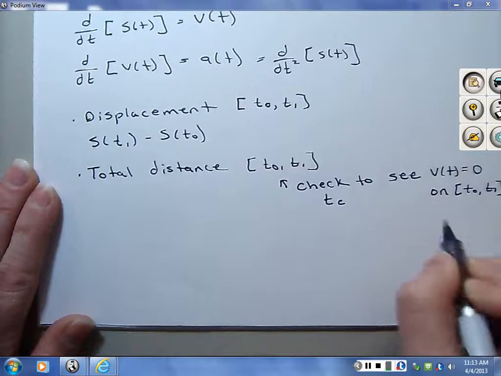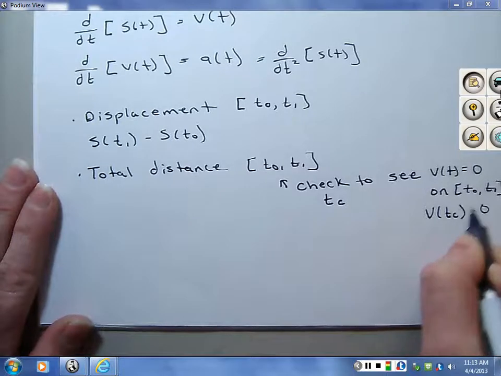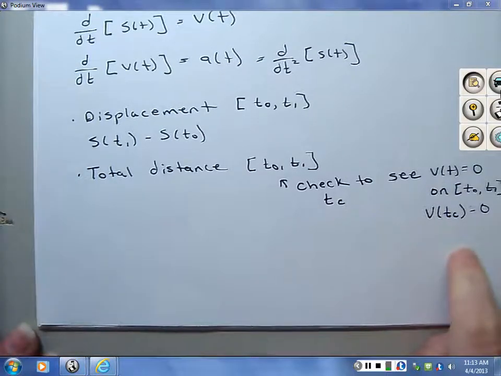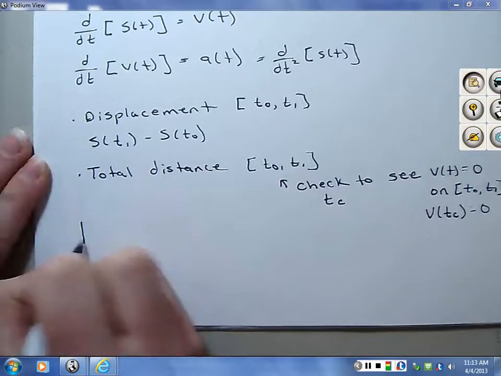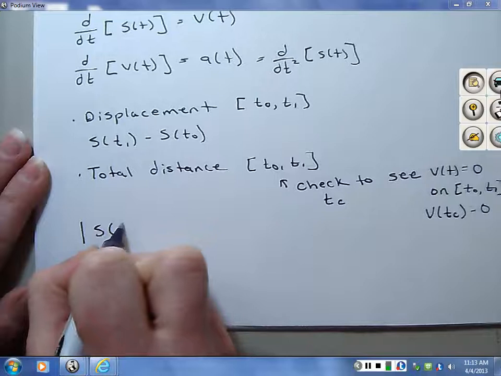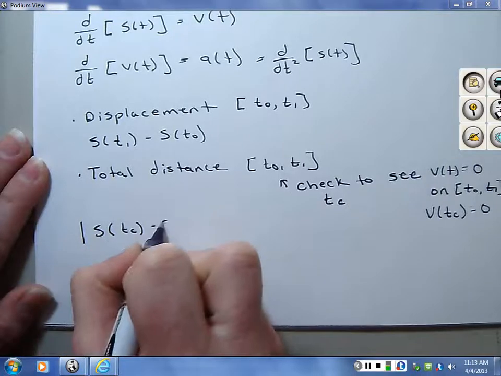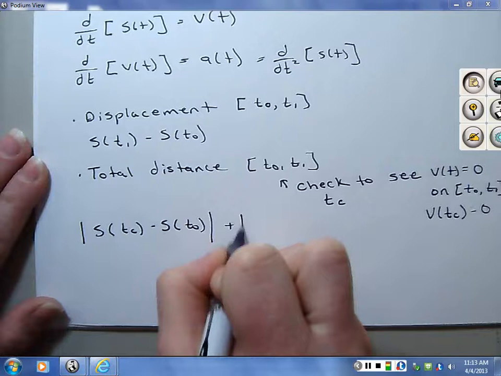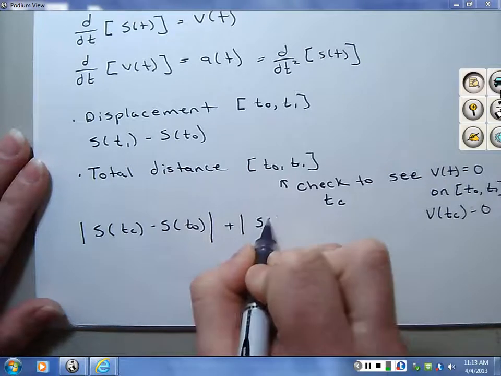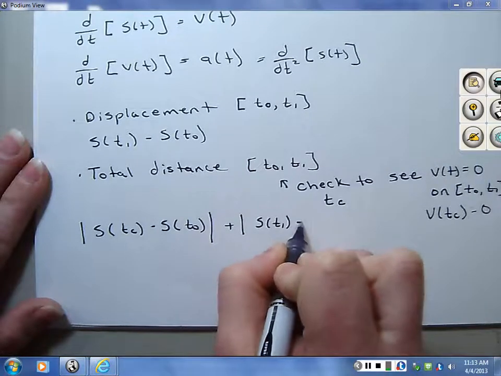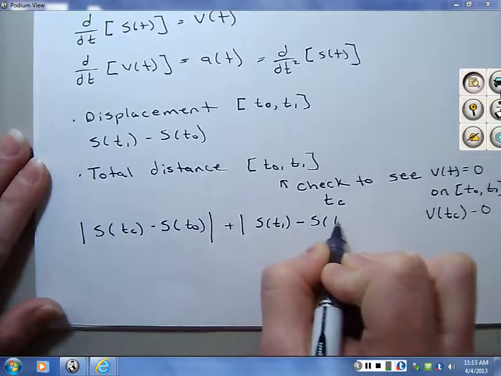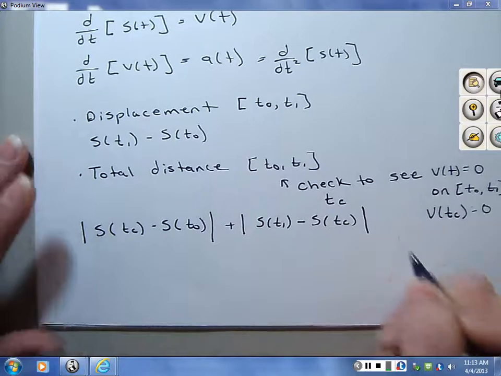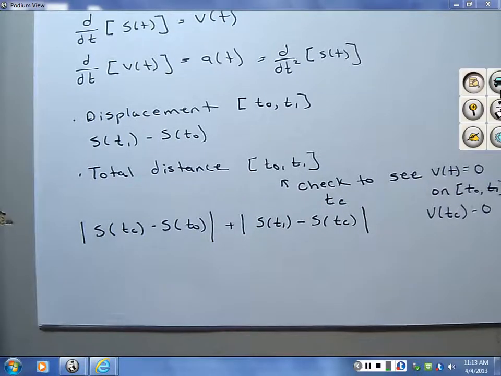So let's just say we found a point in the interval in which velocity equals 0, T of C. The total distance traveled is going to be the absolute value of S at TC minus S at T naught, plus the absolute value of S at T1 minus S at TC. And I think in some examples this is going to make sense.